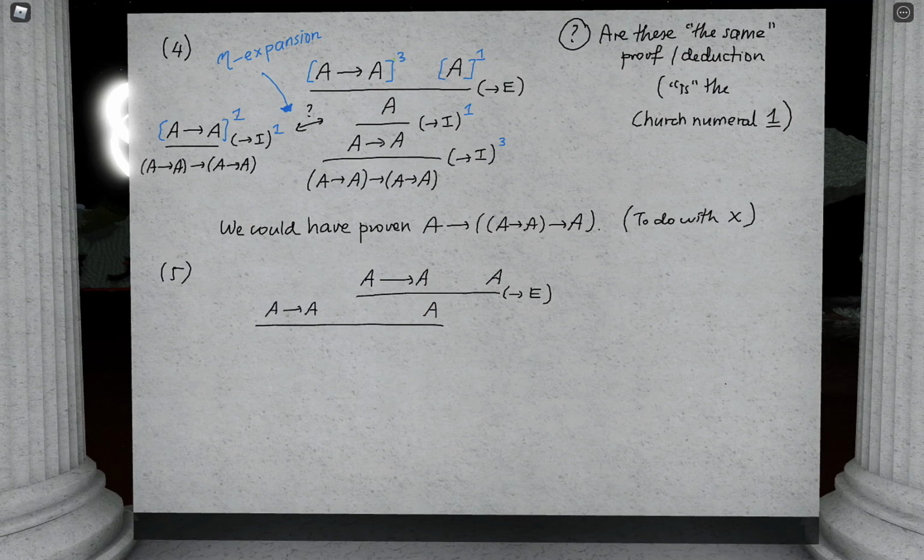So this is a kind of strange way of proving A. We have two pointless seeming roles for A implies A. And then we can discharge the A. So that's one.